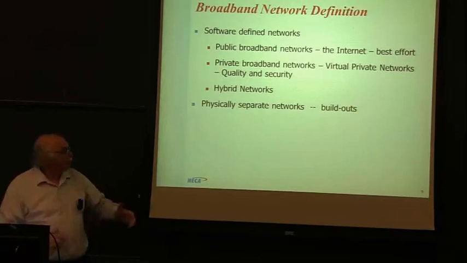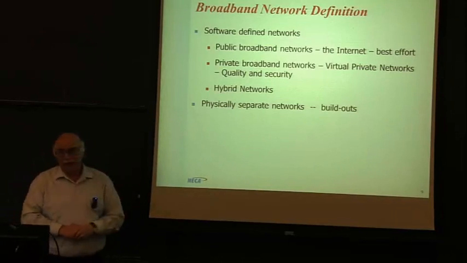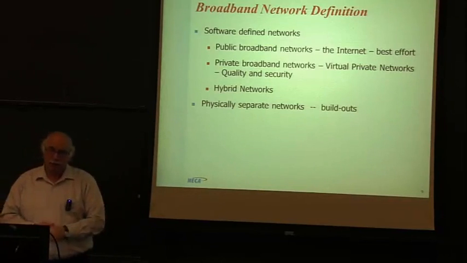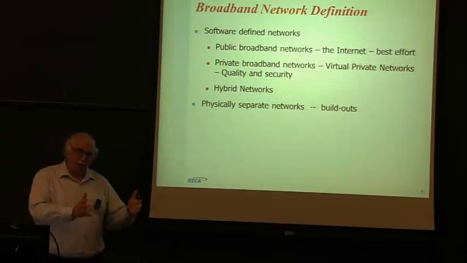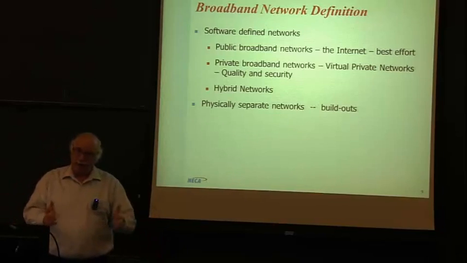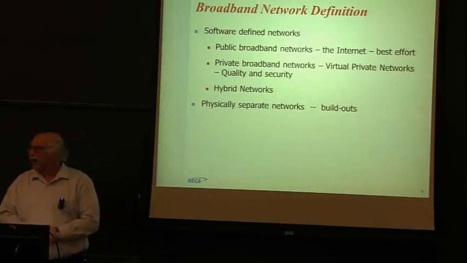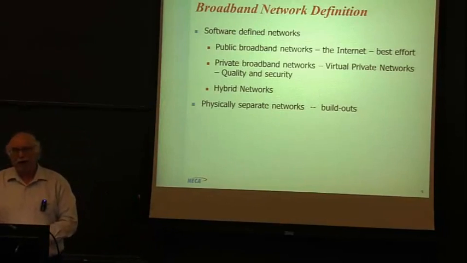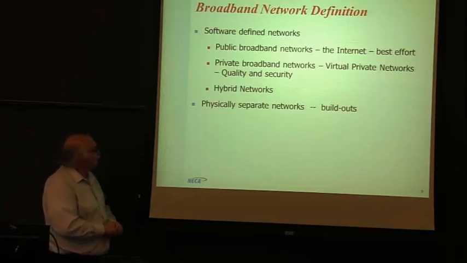Most large carriers will provide a virtual private network to their customers, but it's not that easy to go from one network to the next because the standards for transferring packets from one network to another are still being worked out.